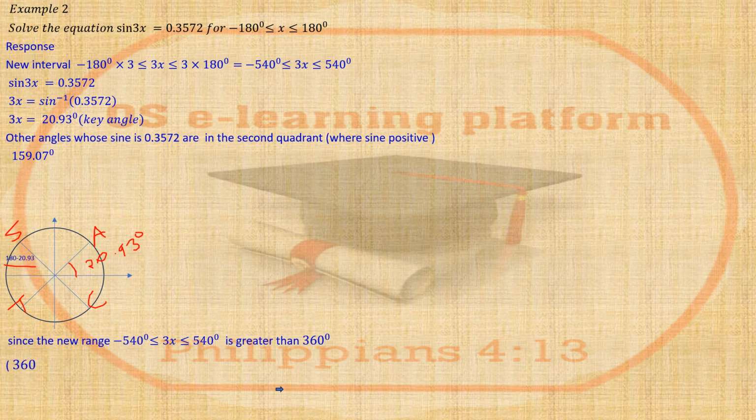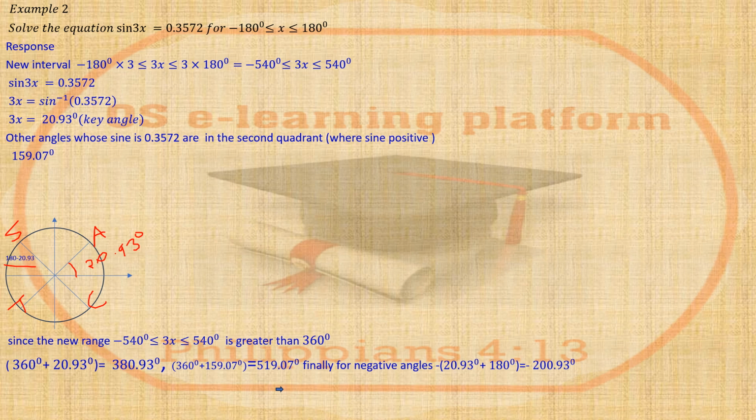So what I'm going to do is I will add 360 on the key angle, and also add 360 on the second angle I've got in the second quadrant, because the second angle in the second quadrant is 159.07 degrees. So I just keep adding 360 on them. I just want to get other angles that accommodate 3x.